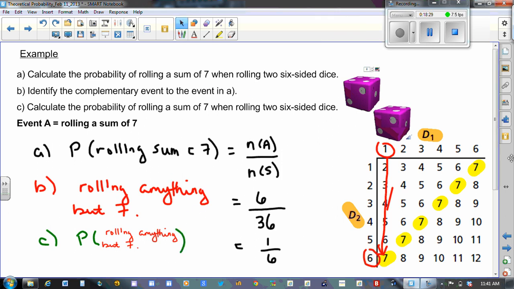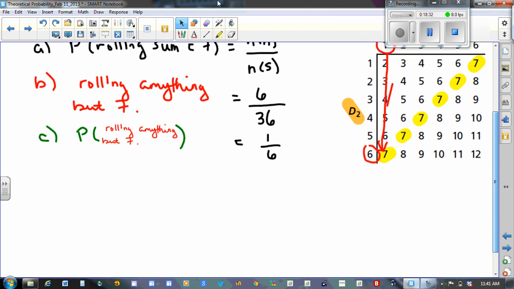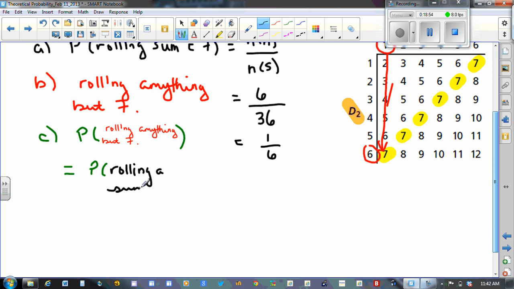Okay. I'm just going to scroll down and extend the page a bit to continue the work. So the probability of that occurring, anything but 7, is the complementary, right? So what we're going to do is take the probability of rolling a sum of 7, and from that we're going to take that away from 1, so 1 minus, using that formula as shown previously.